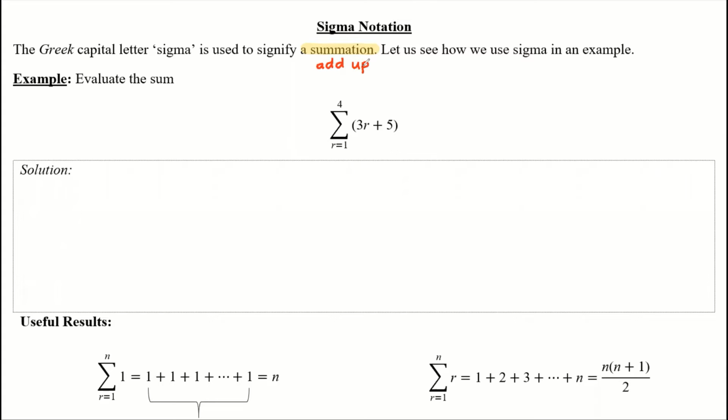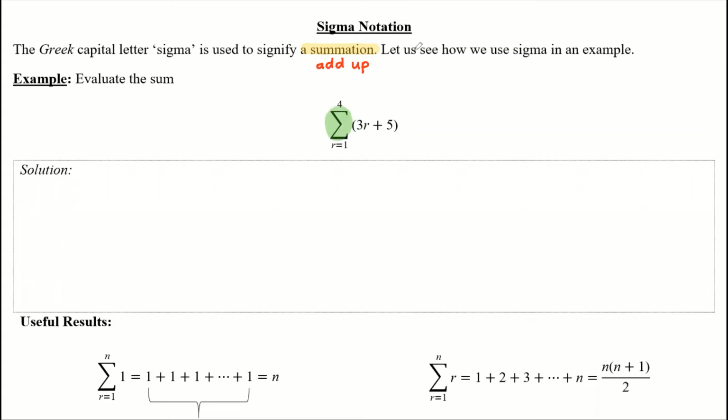Now, if you look at the example below, this is the way we use it. So we're summing using the capital sigma. That's what that symbol means, as we just said. So that's telling us what to do. And then we have limits, as we saw in integration.